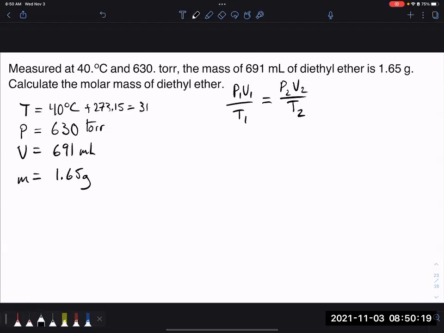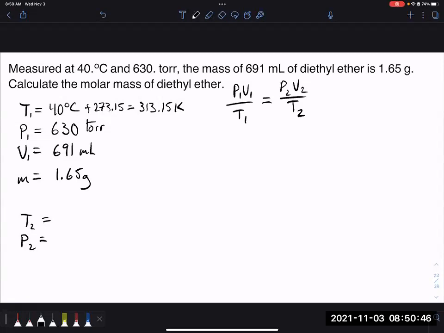So 313.15 Kelvin. So I guess we should say first, let's call these our T1, P1, V1. What is STP? What is the temperature at STP?